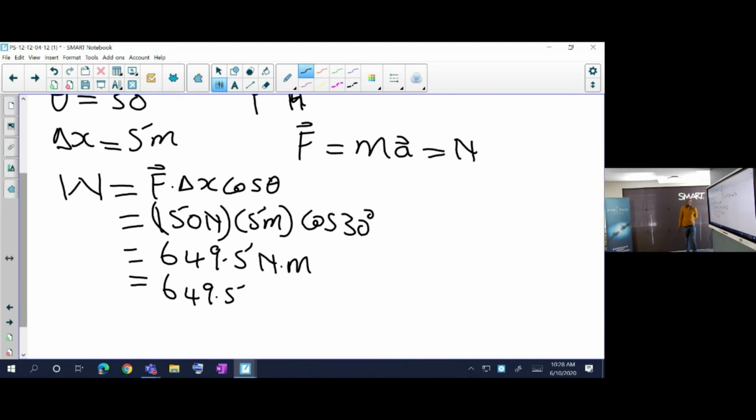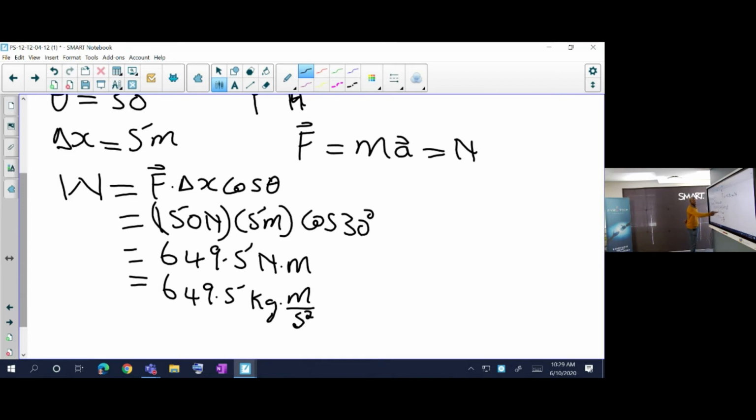This equals to Newton. Now you have to know this mass is going to be measured in what? In kilograms. You have to come here and say this is kg, multiplied by this acceleration, which is going to be measured in what? In meters per second squared. All right. You have to say over squared.